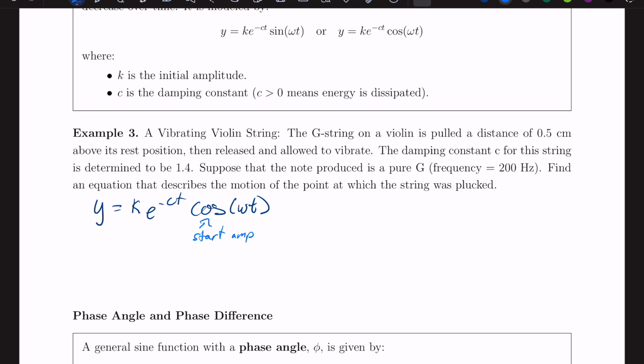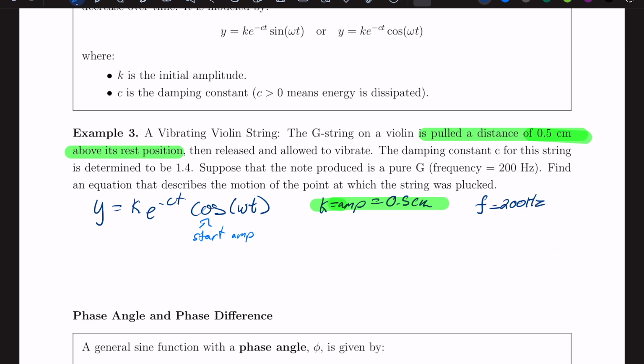Okay, let's see if we can figure out some of these other things. All right, so our K, or amplitude, let's just write it as amplitude, is 0.5 centimeters. Where did I just read that? Straight off of here. It is pulled from its rest position. So that's its amplitude. That's where we're starting. All right, what do I know? I know the frequency is equal to 200 hertz.